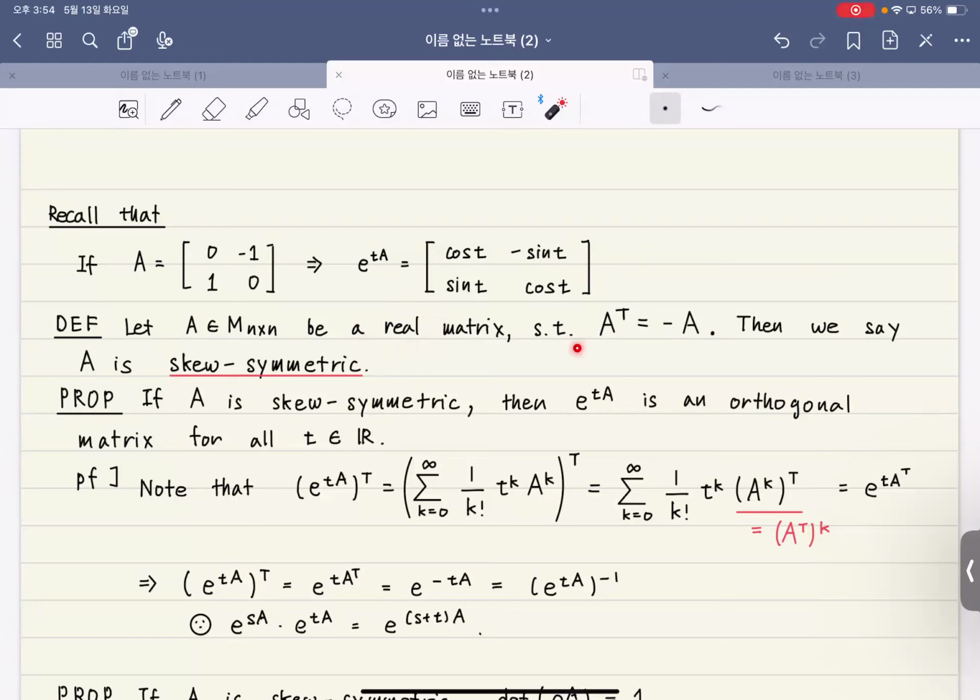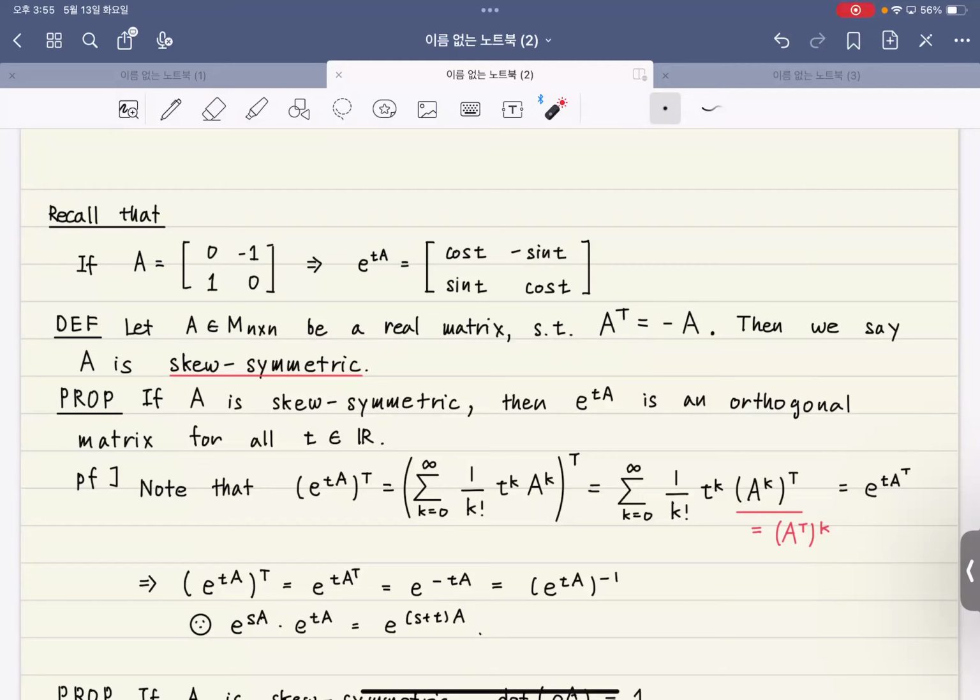And suppose that this matrix satisfies this condition. If you take the transpose of matrix A, then it's going to be the minus of itself. So such matrices are called skew symmetric matrices. So skew symmetric means this is not exactly symmetric, but almost symmetric.